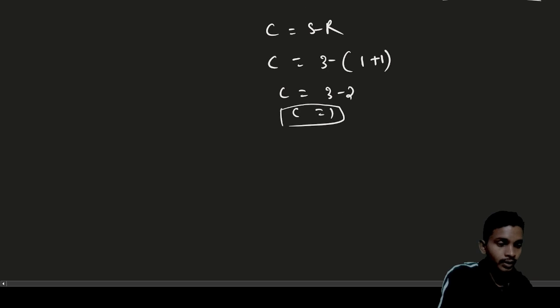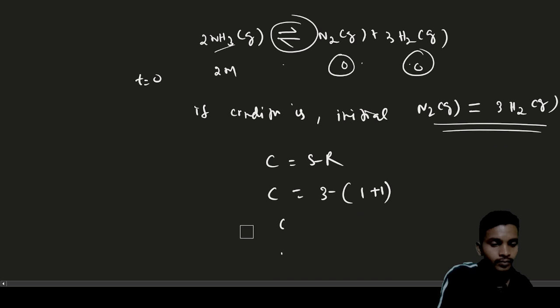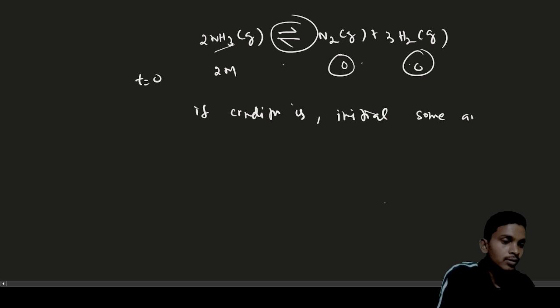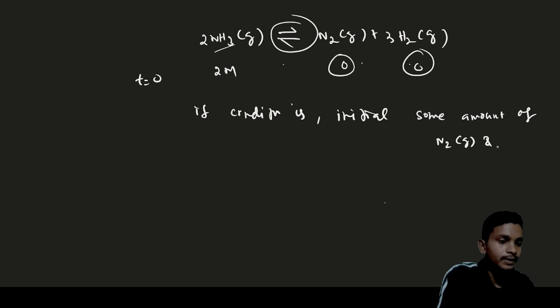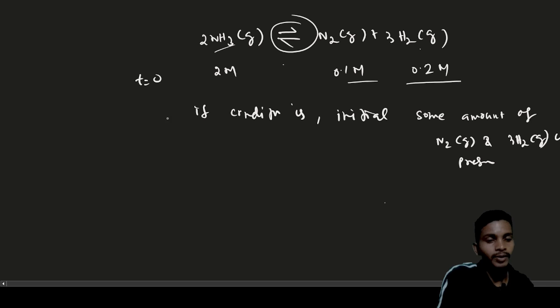But if it says that initially some amount of N2 gas and H2 gas is present, meaning 0.1 molar and 0.2 molar, then this condition is not satisfied.